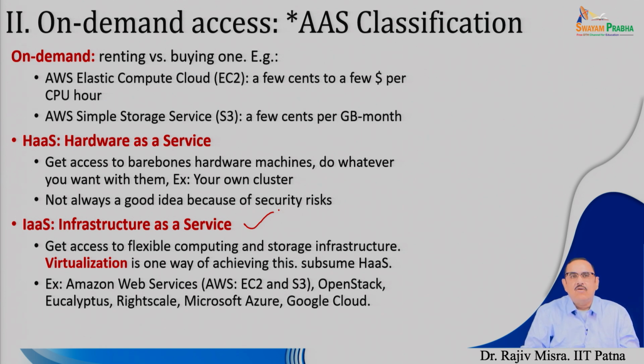That is, the entire cloud infrastructure or data center is virtualized, enabled for sharing across multiple users who can pay on demand for its usage. Examples are Amazon Web Services, which provides infrastructure service in the form of EC2 and S3. EC2 is the compute and S3 is the storage. OpenStack, Eucalyptus, Microsoft Azure, and Google Cloud also provide this infrastructure as a service.